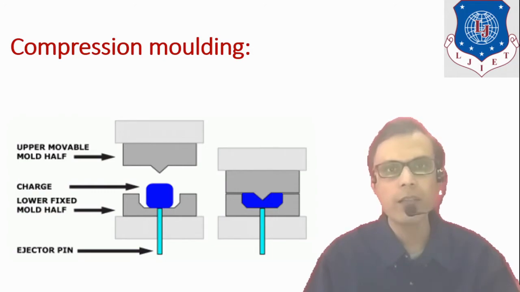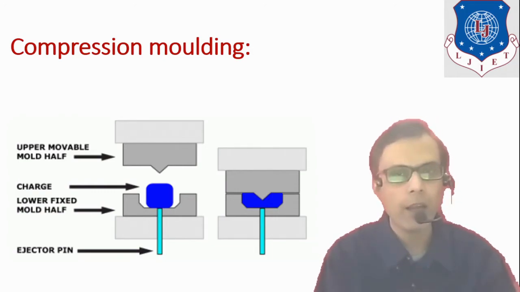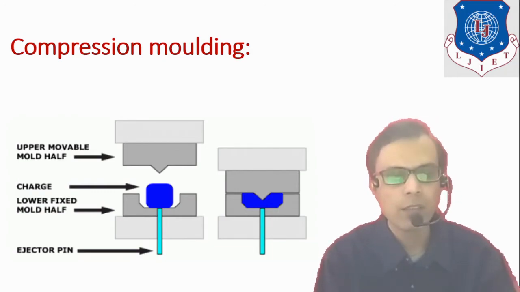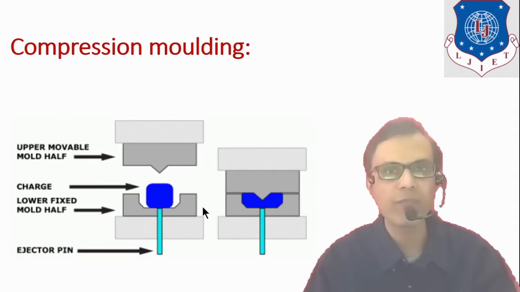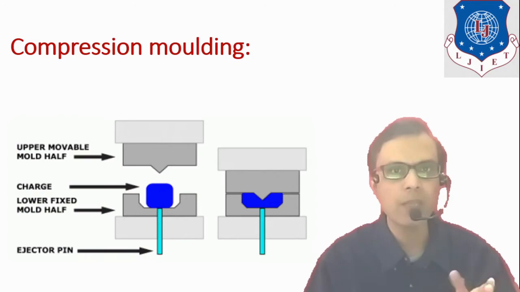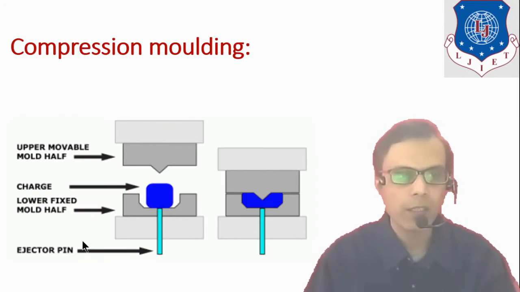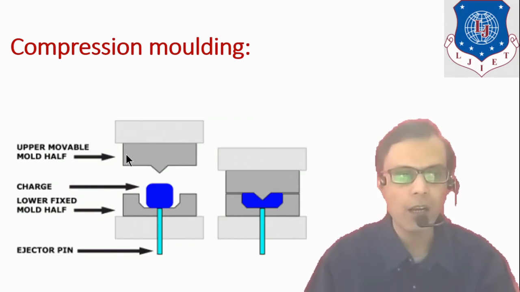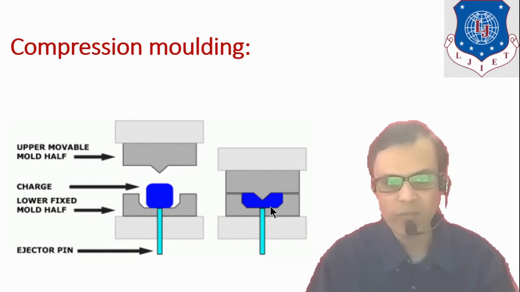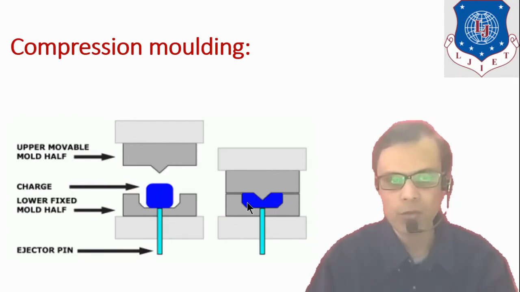It is another example to make the idea more clear. Here the shape of the die cavity is different than the first example, but principle remains similar. Here also this part lower fixed mold half, it is stationary, and it is a upper mold half, and it is movable, and the shape which we want to produce is shown here.